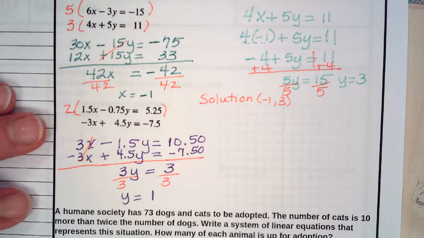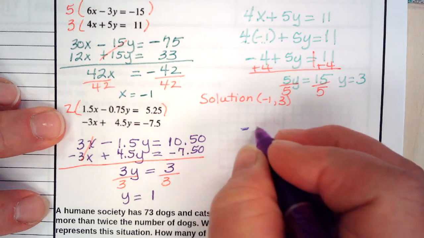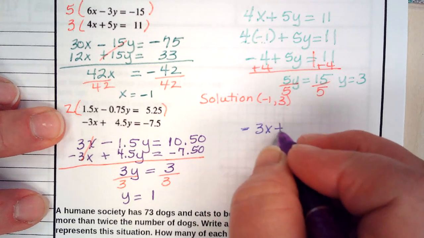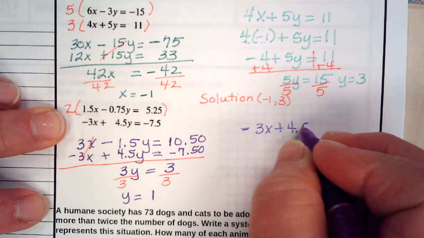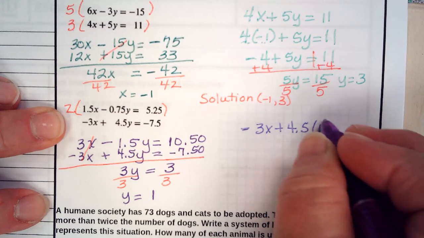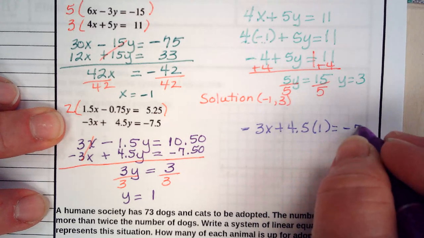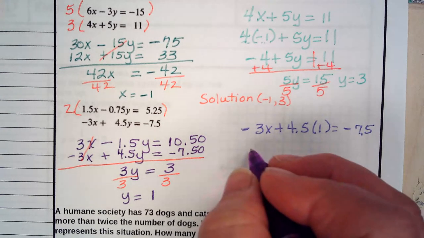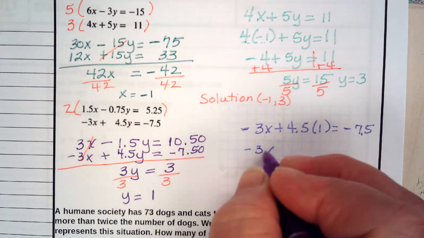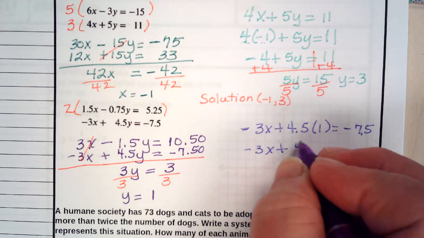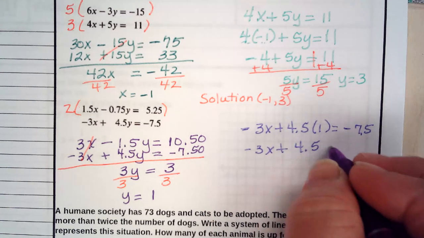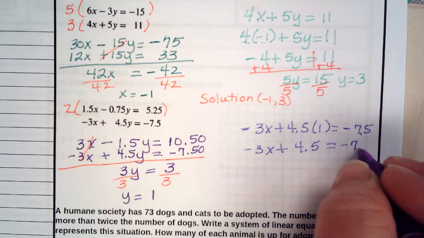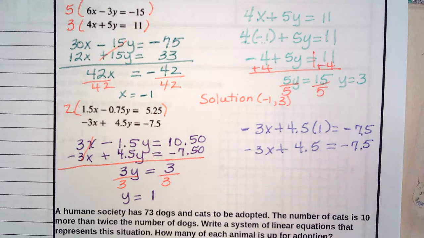So, -3x plus 4.5 times 1 is equal to -7.5. -3x plus 4.5 is equal to -7.5. Now what?